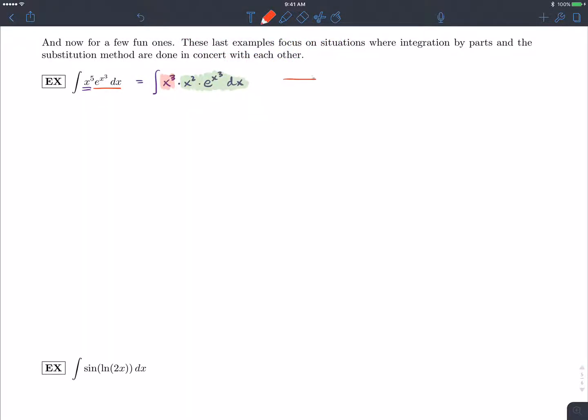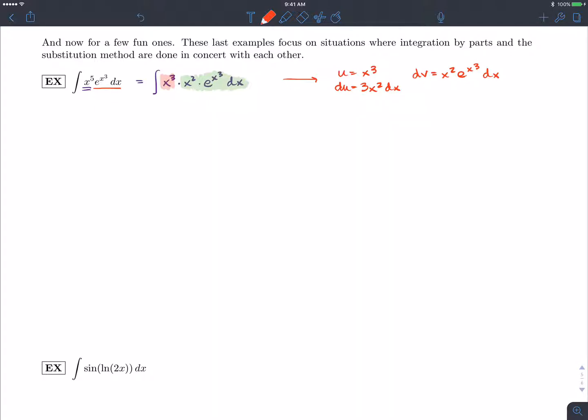So if we bring this off to the side, if we say now I'm going to let u be x cubed, and I'm going to let dv be x squared e to the x cubed dx. So again, du is not an issue. That's just going to be 3x squared dx.